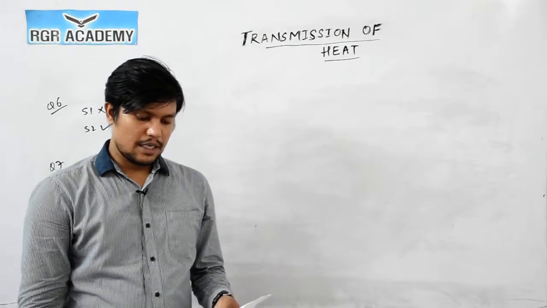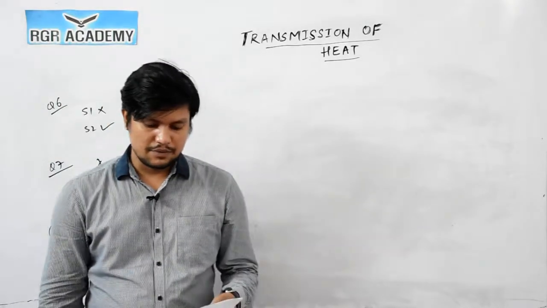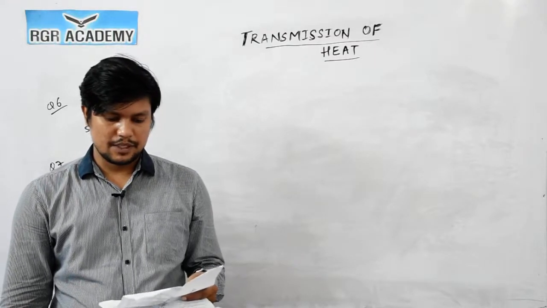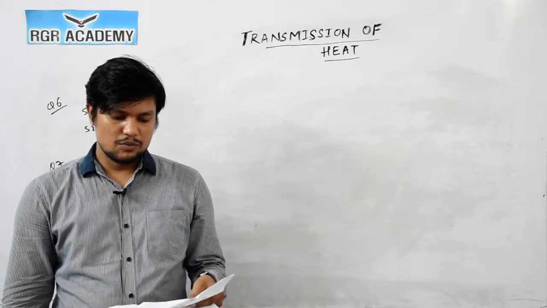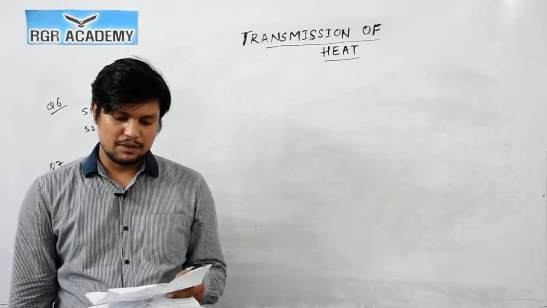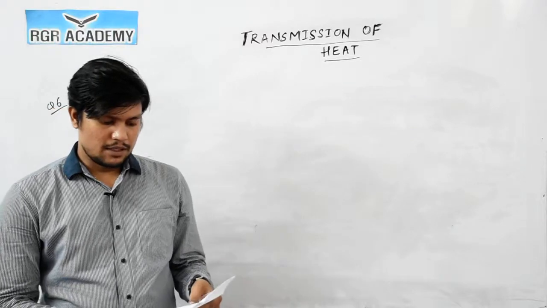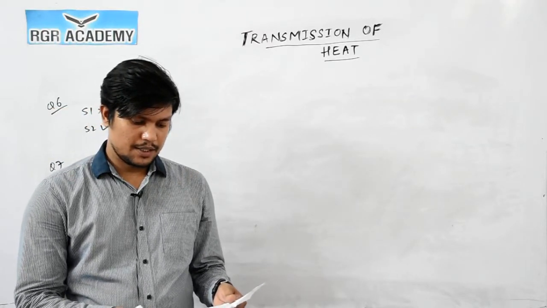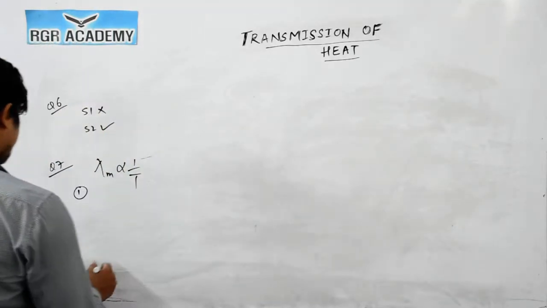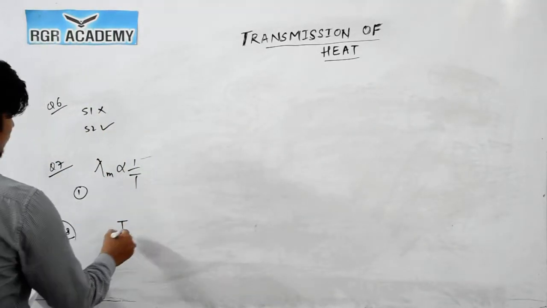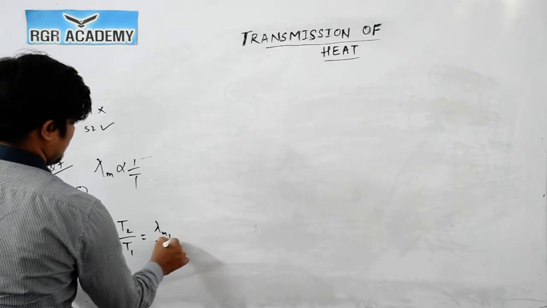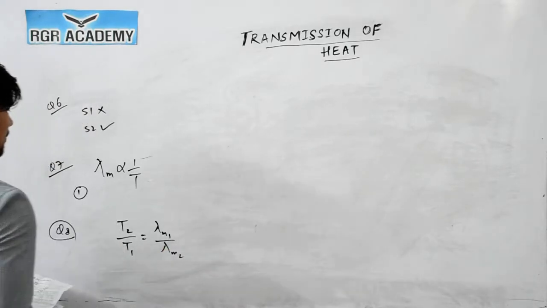A black body at a temperature of 1640 Kelvin has the wavelength corresponding to the maximum emission equal to 1.75. Assuming the moon to be a perfectly black body, find the temperature of the moon, if the wavelength corresponding to the maximum emission is 14.35 mu. Okay, so we know, just now we wrote T2 by T1, we can write as equal to lambda m1 by lambda m2 because it is inversely proportional.